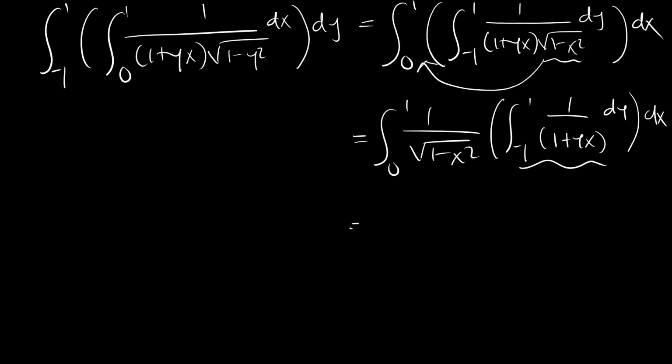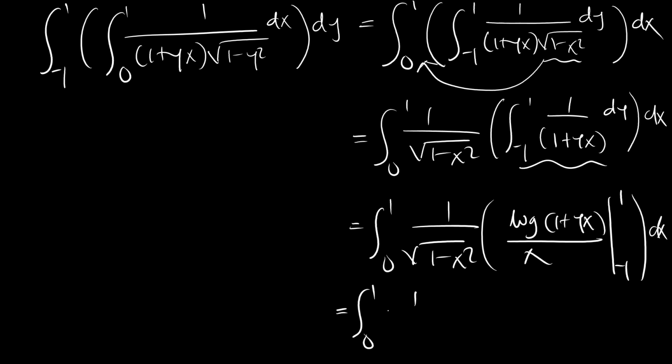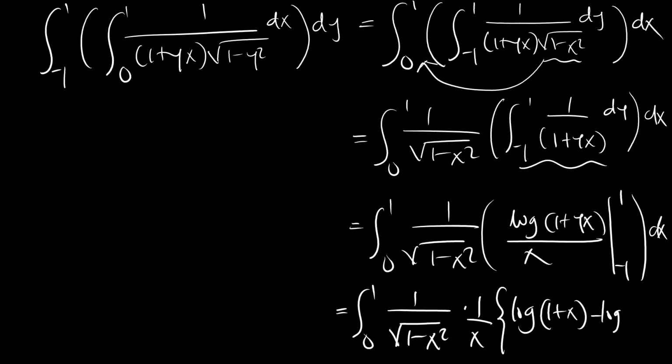so here what we see is we have the integral from 0 to 1 of the log of 1 plus yx over x, from negative 1 to positive 1, dx, which is the same as 1 over, and pull that x out, and we have log of 1 plus x minus log of 1 minus x.